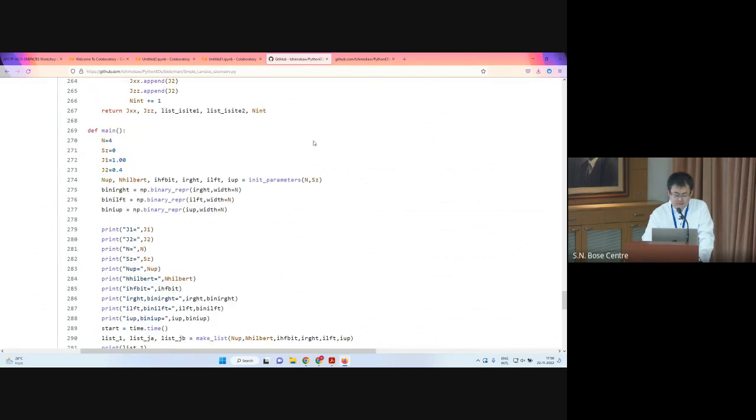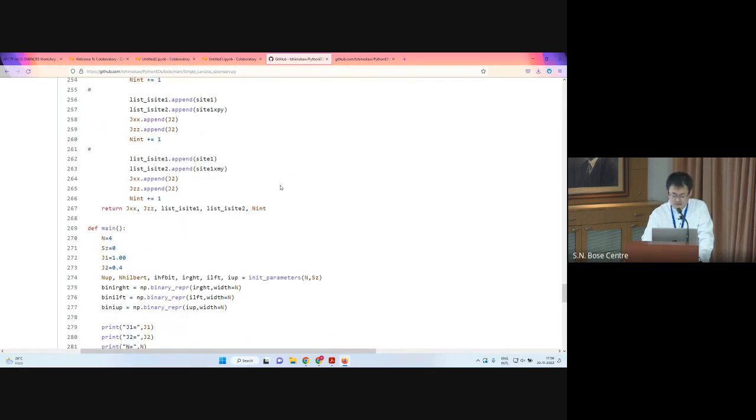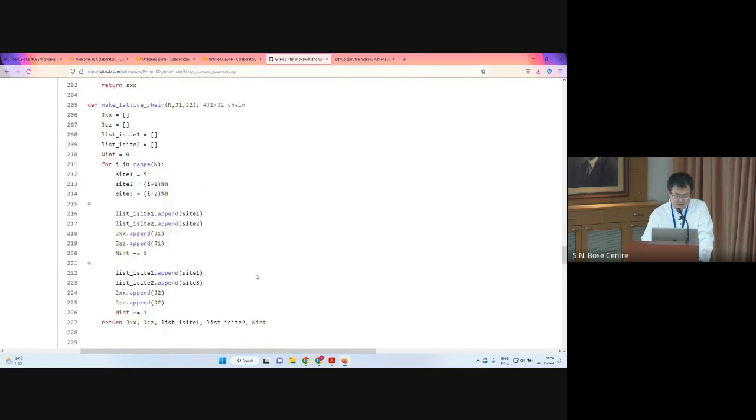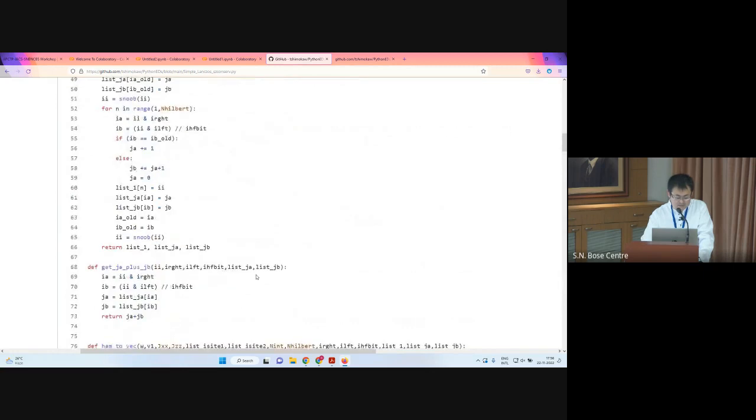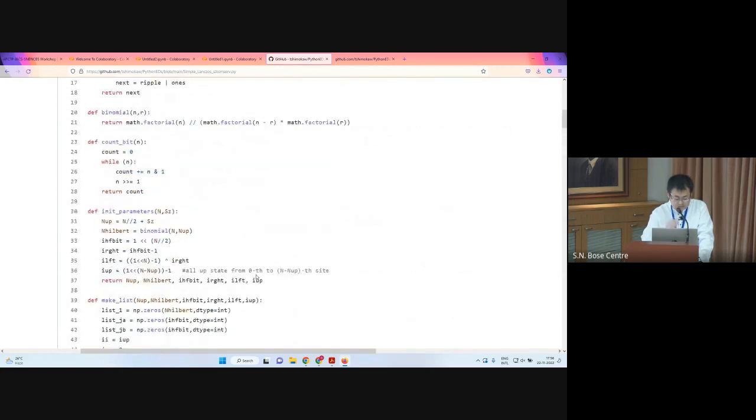Of course, the number of up spins and the Hilbert space dimension depend on the system size n and the total Sz value. This init parameters is defined here.